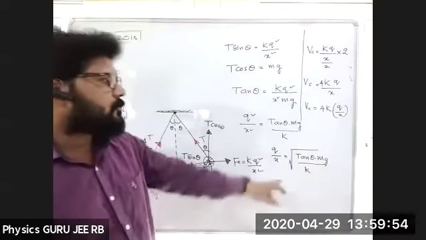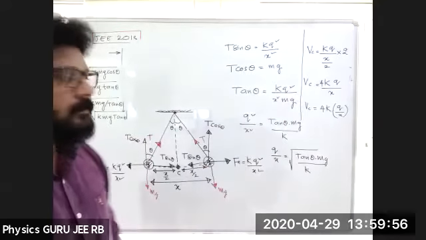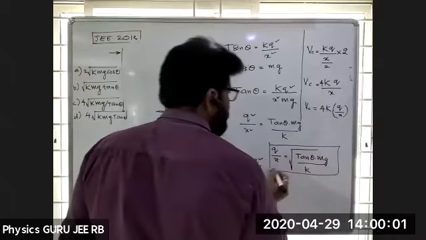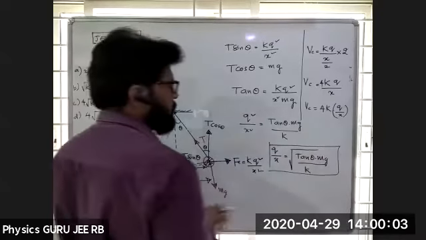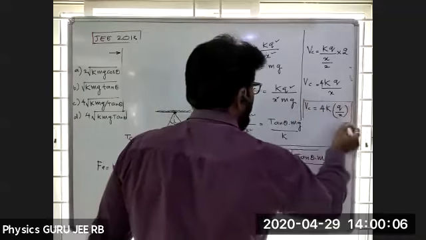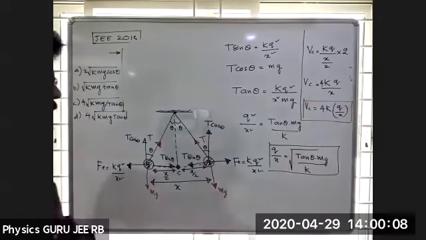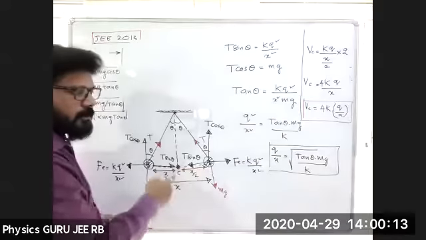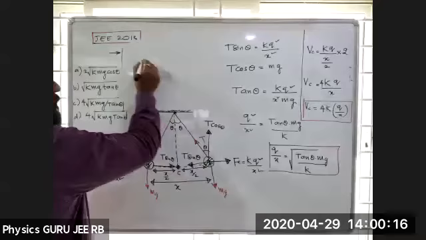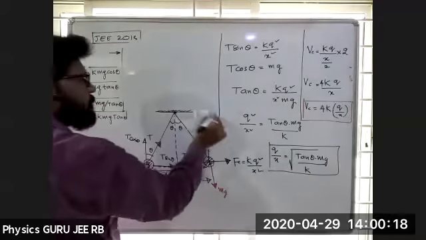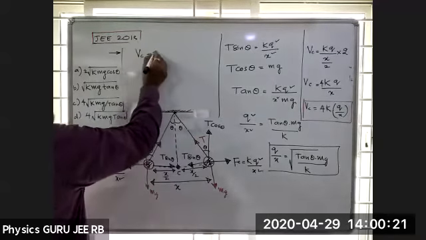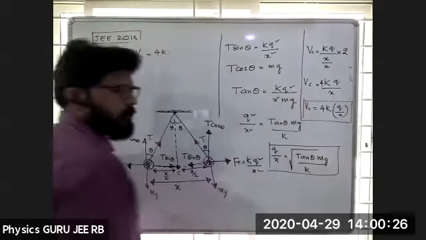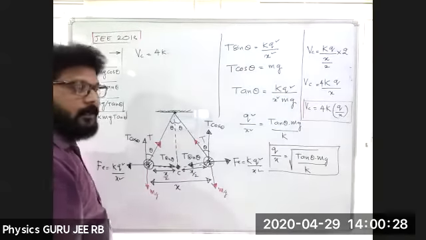Now take this and substitute there. If I substitute this in Vc, that is the potential at the midpoint between the two charges, Vc is equal to 4k instead of q by x, substituting under root of tan theta into mg by k.